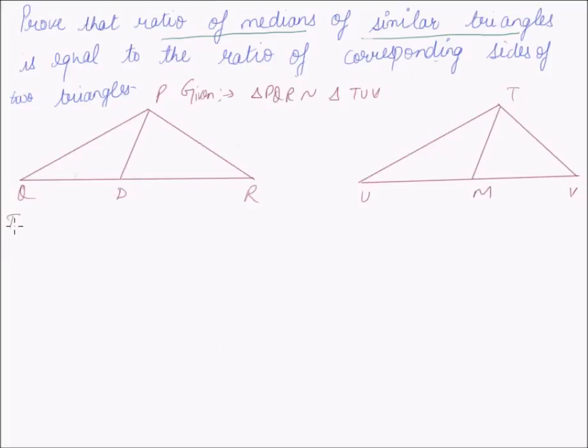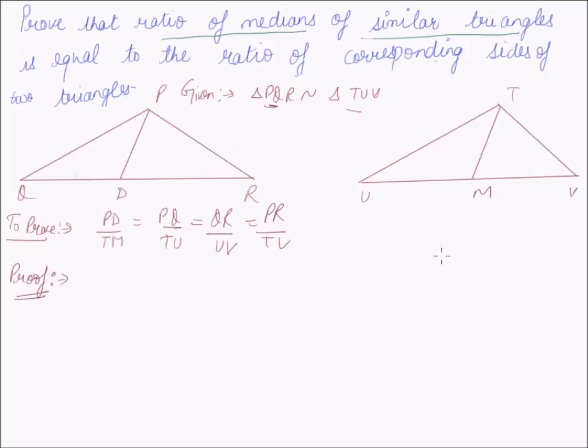We need to prove that PD over TM, their ratio, is equal to the ratio of corresponding sides of similar triangles. Now the corresponding sides are PQ corresponding to TU, and QR to UV, and PR to TV. So let us prove this question.